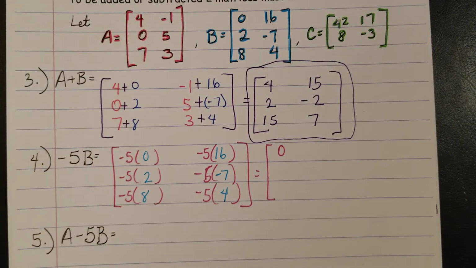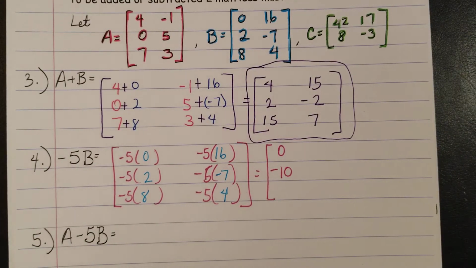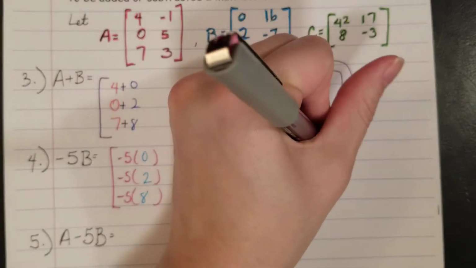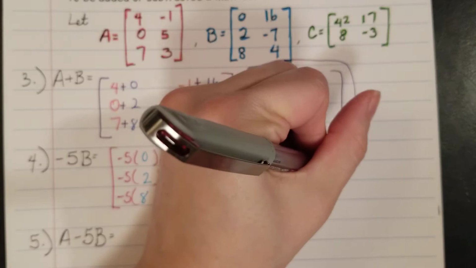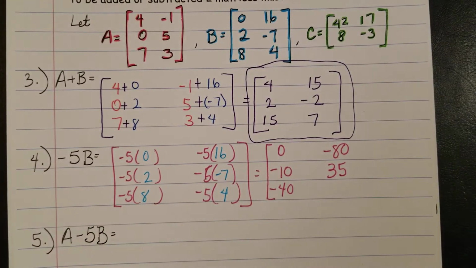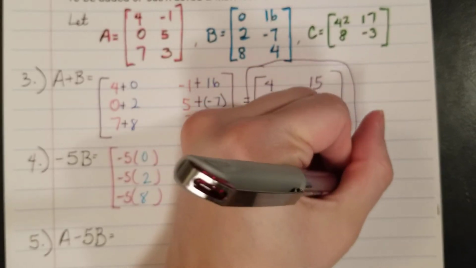Again, I'm just going to go down the first column. -5 times 2 is -10. -5 times 8 is -40. -5 times 16 is -80. -5 times -7 is 35. And -5 times 4 is -20.